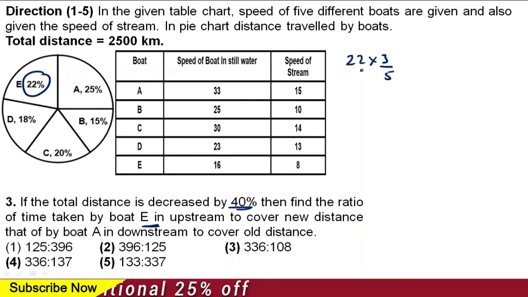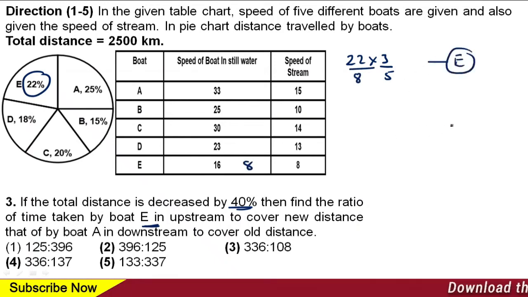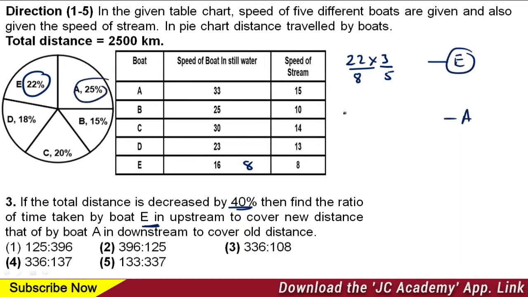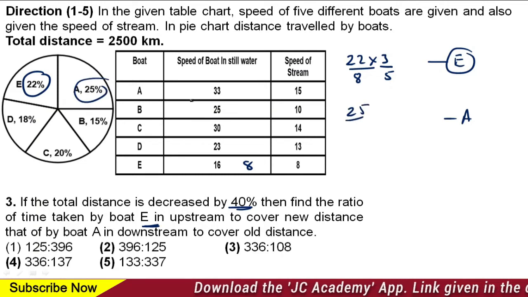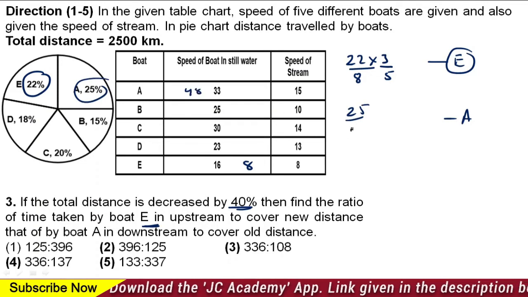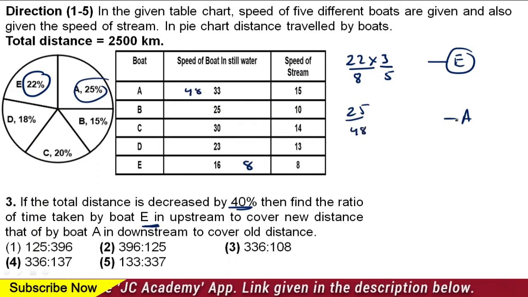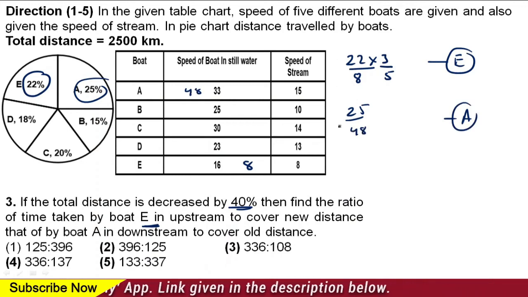And this distance was covered at the speed of 8. So this is what is basically the time taken by boat E. Now, if you talk about boat A, the distance is the usual 25%, and the speed for boat A is 48. So we could have written 48 over here. That's it. So distance upon speed will give me the time.